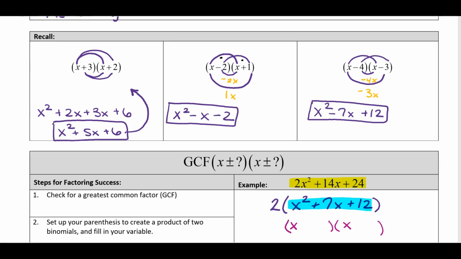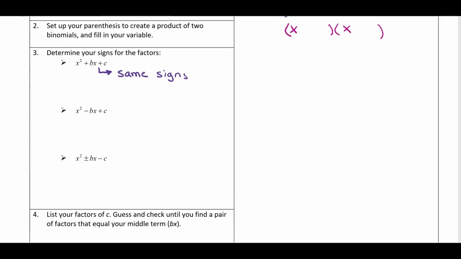When I did negative 4 times negative 3 on this third problem, it gave me positive 12. So when you're multiplying those last terms together, a positive times a positive is a positive, and a negative times a negative is a positive. So the second sign says that the signs are going to be the same. And then you look to the front. I look at this positive sign, and that tells me they're both going to be positive.